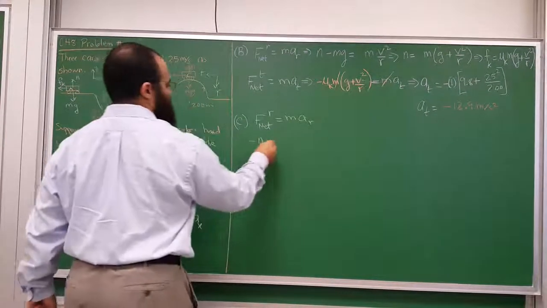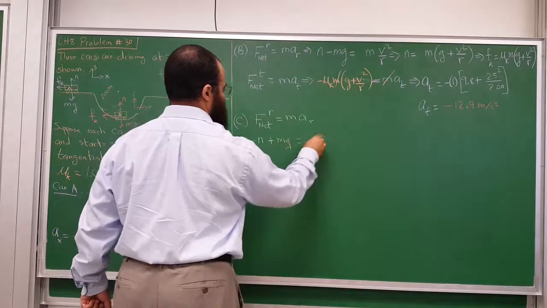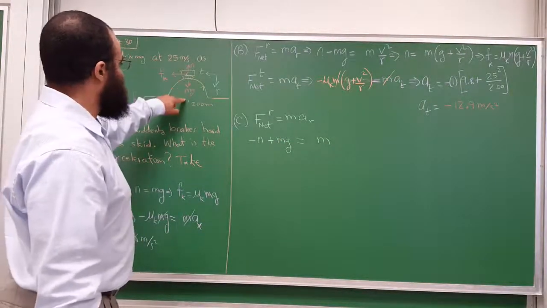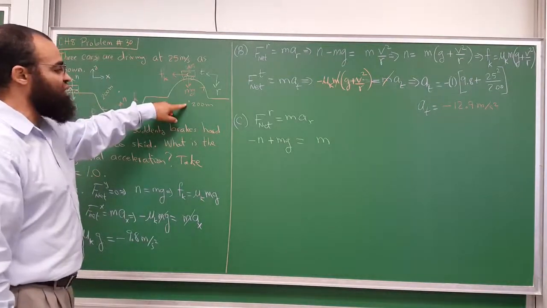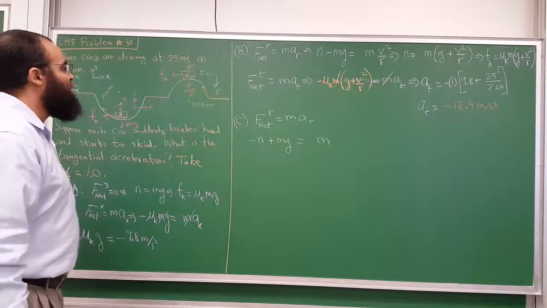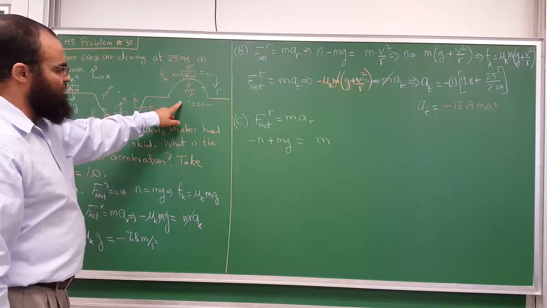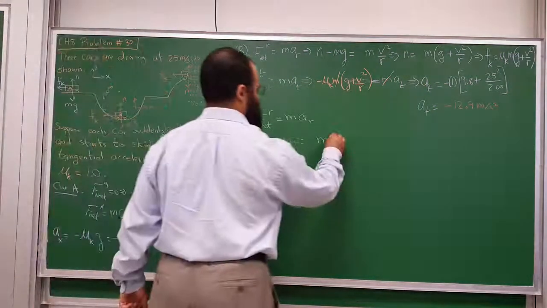And then mg is along the radial direction, so it's positive mg. And that has to equal the mass times acceleration. The acceleration is toward the center of the circle, I should say. I misspoke. So we have mv squared over r.